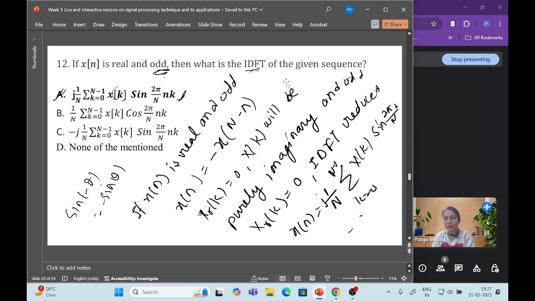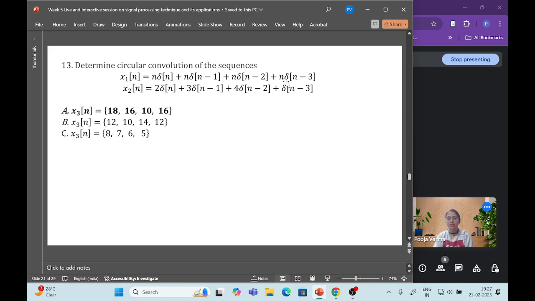Okay, so moving to the next question. Now, the next question is to determine the circular convolution of the sequences. The sequence x1 of n is n del n plus n del n minus 1 plus n del n minus 2 plus n del n minus 3. x2 of n is 2 del n plus 3 del n minus 1 plus 4 del n minus 2 plus del n minus 3.